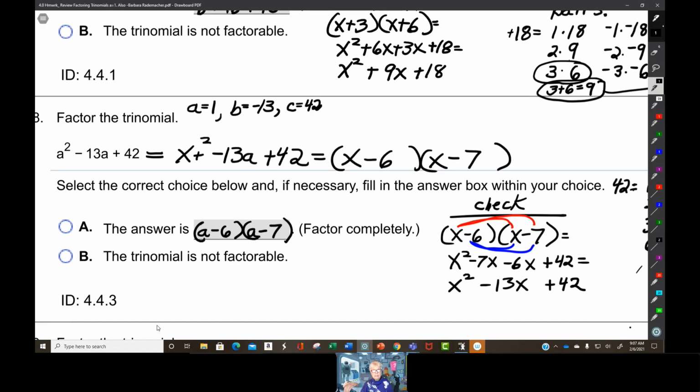See? A equals 1. A equals positive 1. More to the point. All you really have to do is factor the C number and come up with the pair that adds up to the B number.